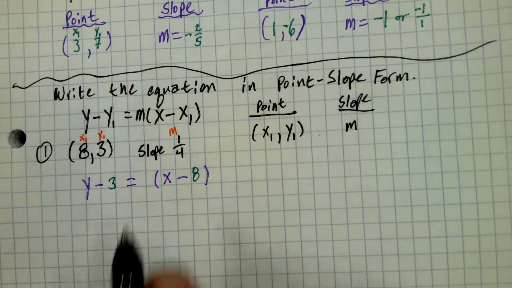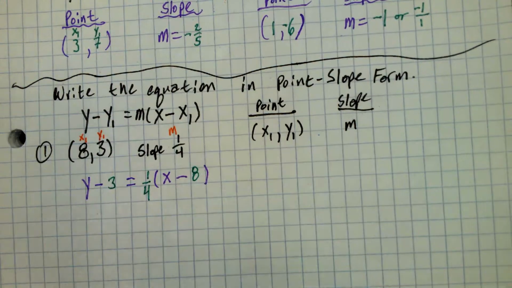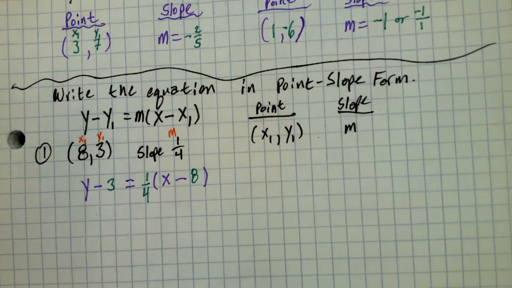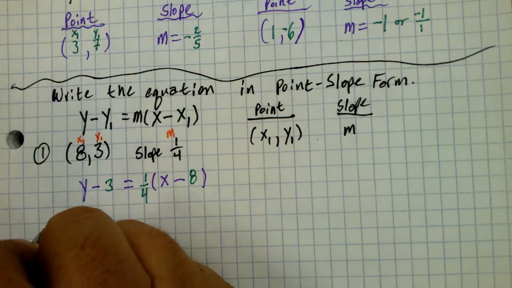And then 1/4, which is our slope, is there. And that's it. It's in point slope form. Tomorrow we're going to do a little bit more with it, but for today, that's really all we want. Okay? And we can graph it if we want and do other stuff. But that's really the gist of it for right now.